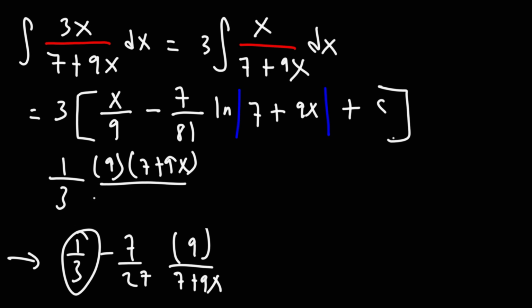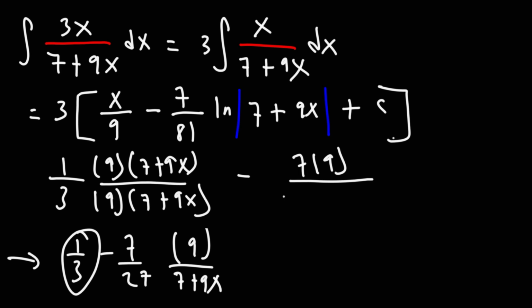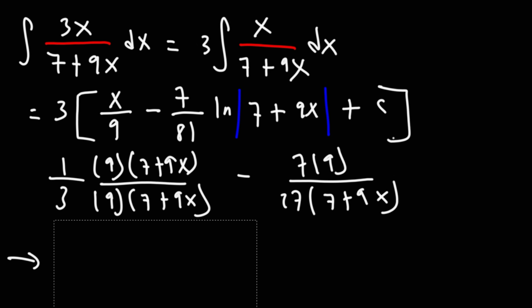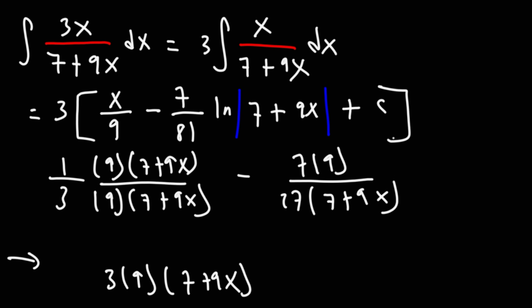In order to maintain the value of the fraction, whatever we do to the top, we must also do to the bottom. So notice the denominators are now the same, 27 and then 7 plus 9x. So we can combine this into a single fraction. The 27, I'm just going to leave it as 3 times 9 and then 7 plus 9x. This will help in simplifying this result.